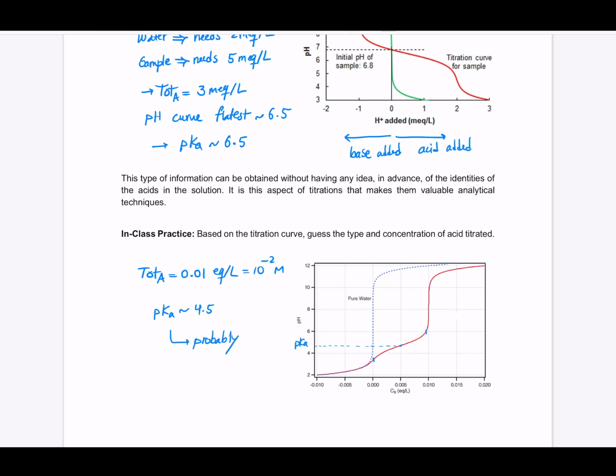Based on what we had in this lecture, one option could be acetic acid, so HAc.